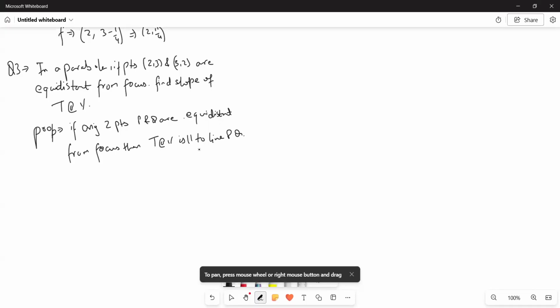If two points P and Q are equidistant from the focus, then the tangent at the vertex is always parallel to the line PQ.